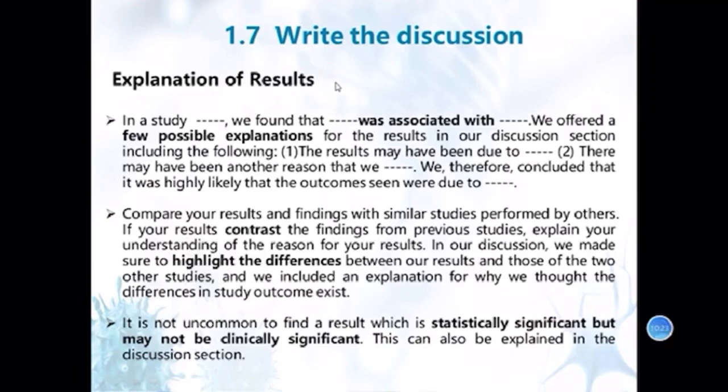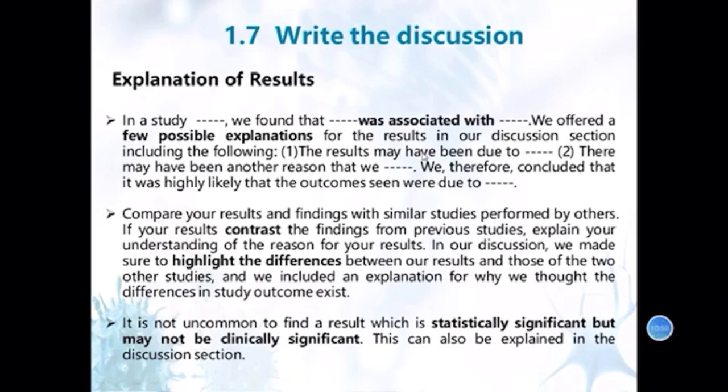A sentence like this will be a good example. It can be an explanation of the results, like: in a study, we found that X was associated with Y. We offer a few possible explanations for the results in our discussion section, including the following.